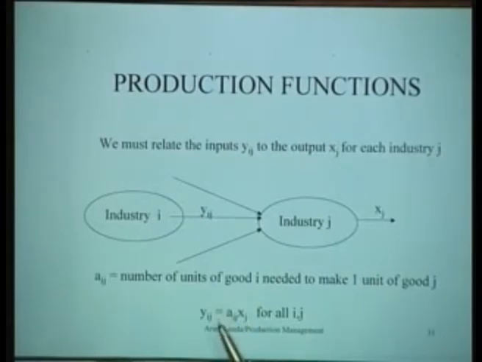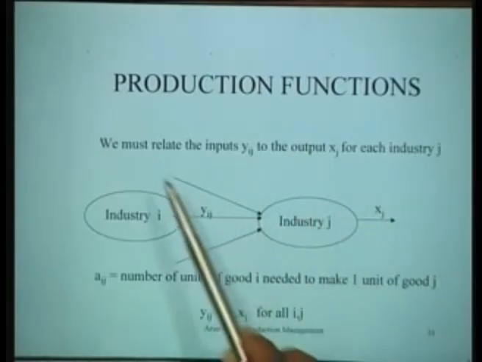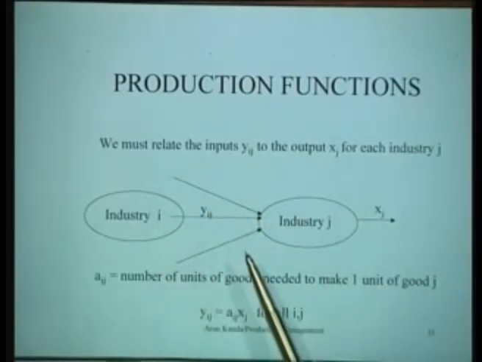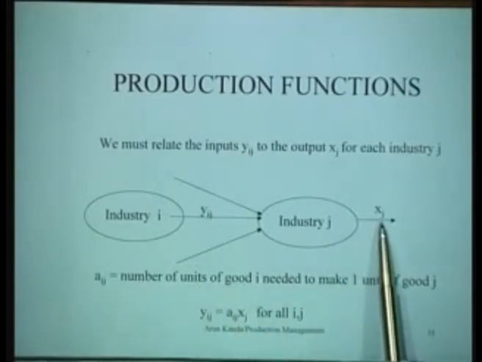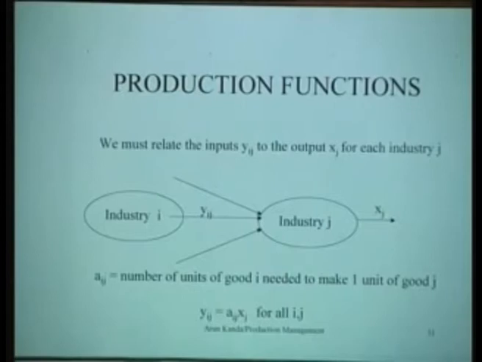All that this is saying is that in any industry there are multiple inputs from different sources. So Yij, the amount of input I required for producing a unit of j, is equal to Aij in that sense of the term.